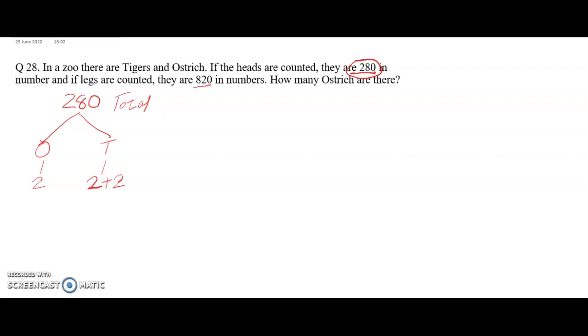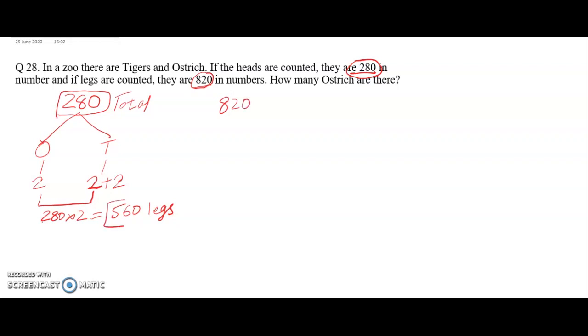Now if 280 tigers and ostrich each have 2 legs, then how many legs will there be in total? 280 into 2, 560 legs. But in the question it's given the total number of legs is 820.